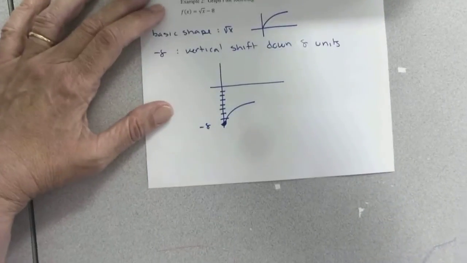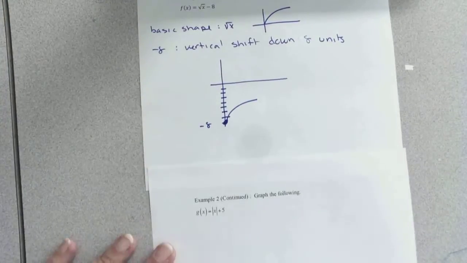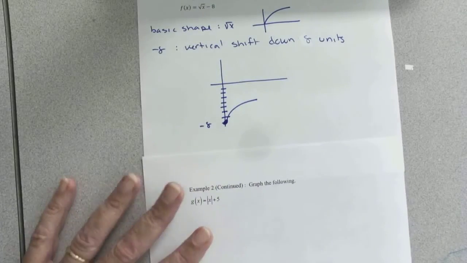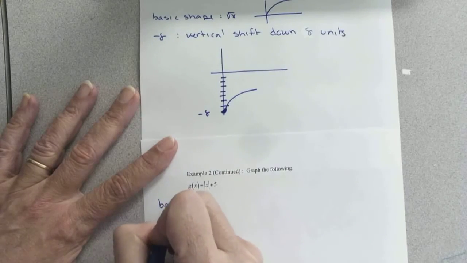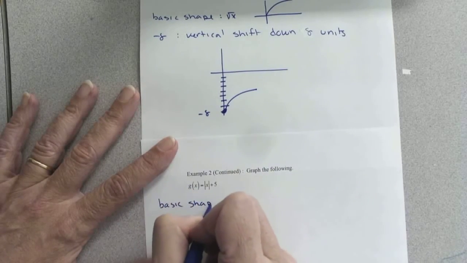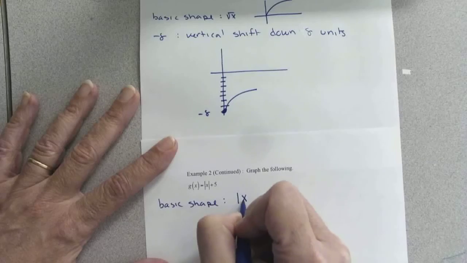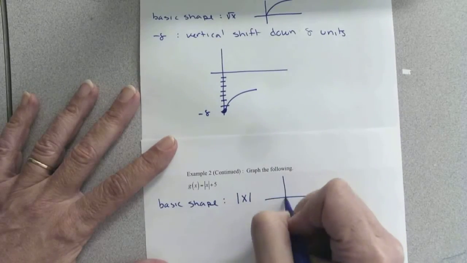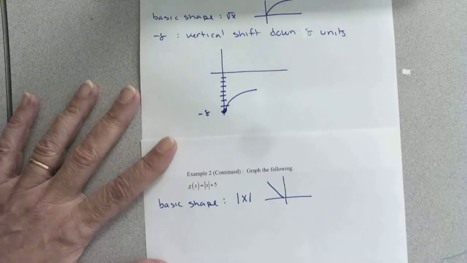Next one. Same idea. My basic shape comes from the absolute value, which is that V shape.